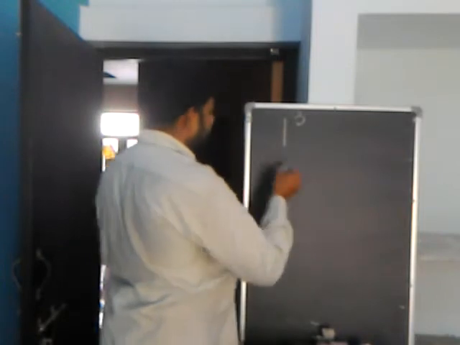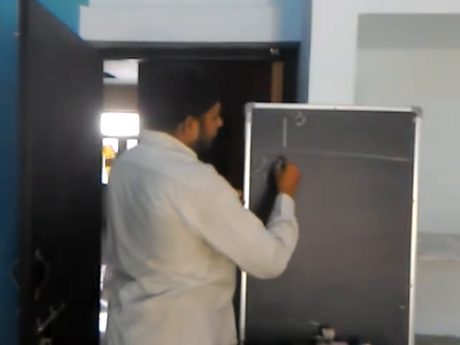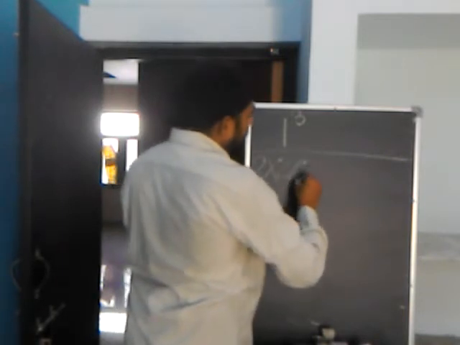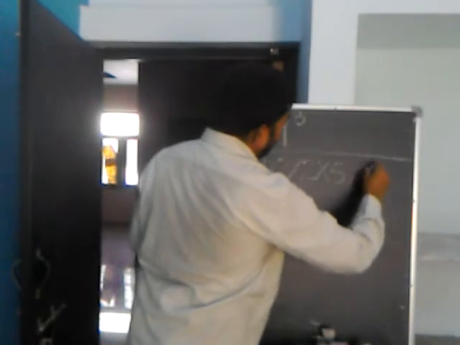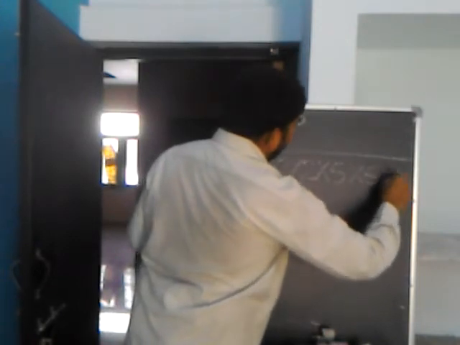So I can write 1000 like this: 2 into 2 into 2 into 5 into 5 into 5.